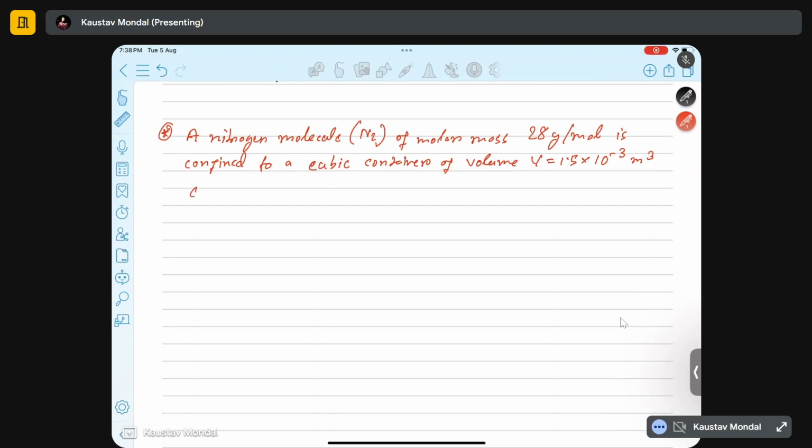Now calculate the translational partition function.